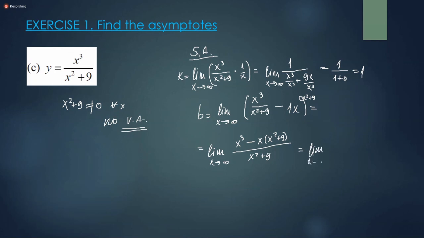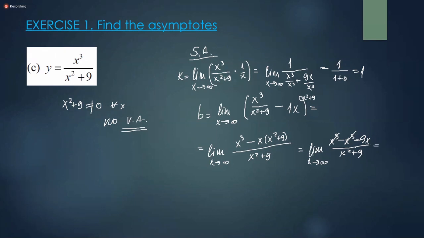Limit x tends to infinity, x cubed minus x cubed minus 9x divided by x squared plus 9. So these will cancel out. Here we see that the power is greater in the denominator. This means that this limit should be equal to 0.